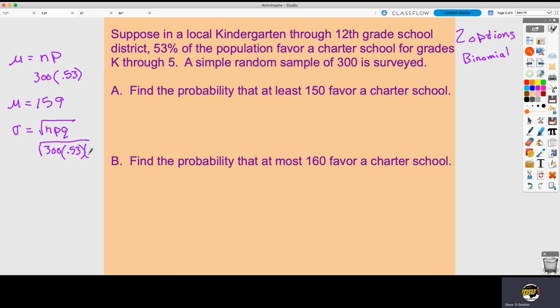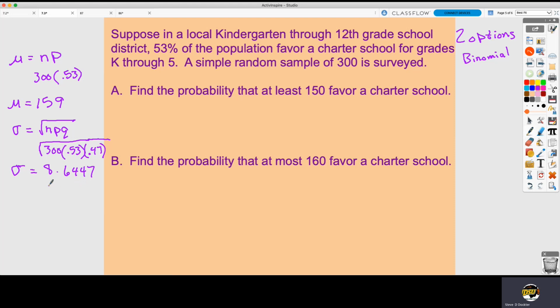Our q then would be what? Probability of a failure, which would be 0.47 here. P and q should always add up to 1, or 100%. So we type that all in the calculator. We get a standard deviation of 8.6447.